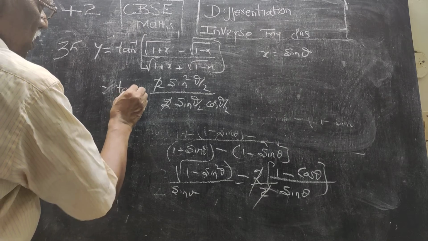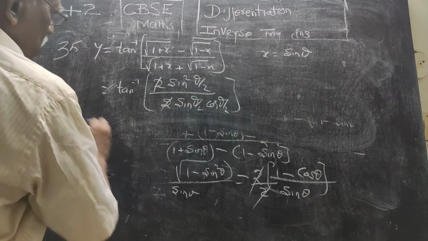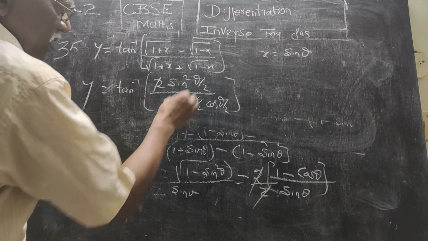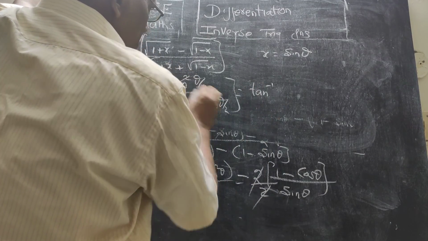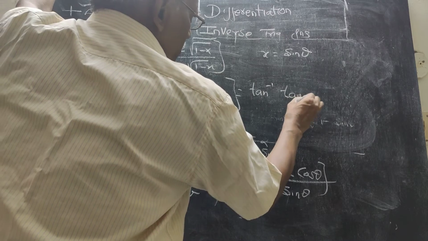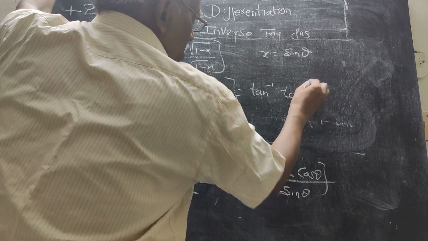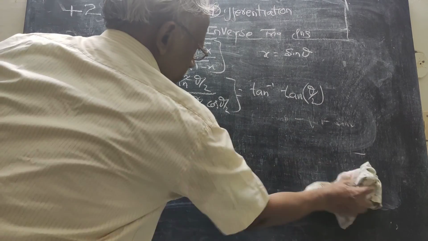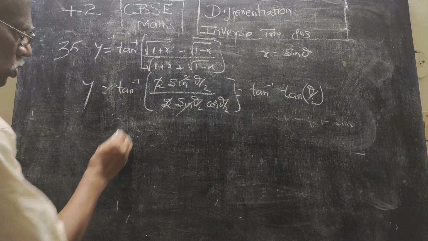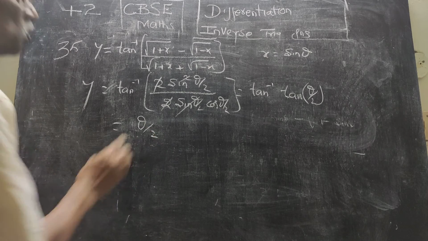Here before that tan inverse is there. So now sine theta gets cancelled, therefore this is equal to tan inverse of sine by cos. So tan inverse and tan get cancelled. So you have simply theta by 2.